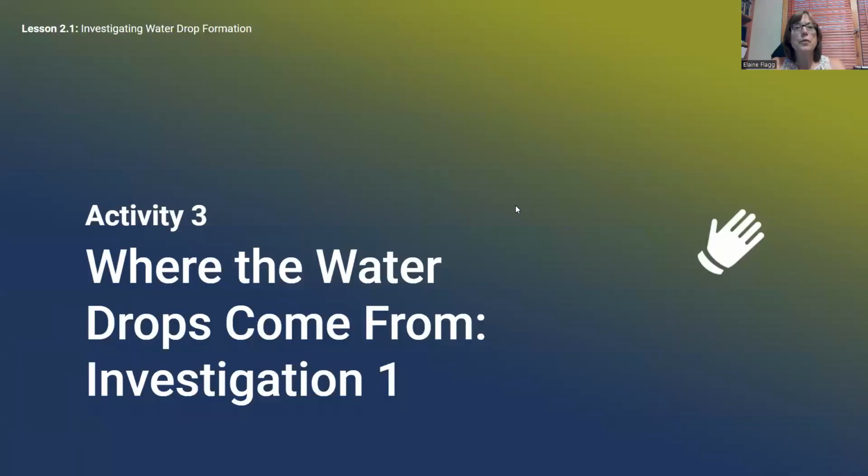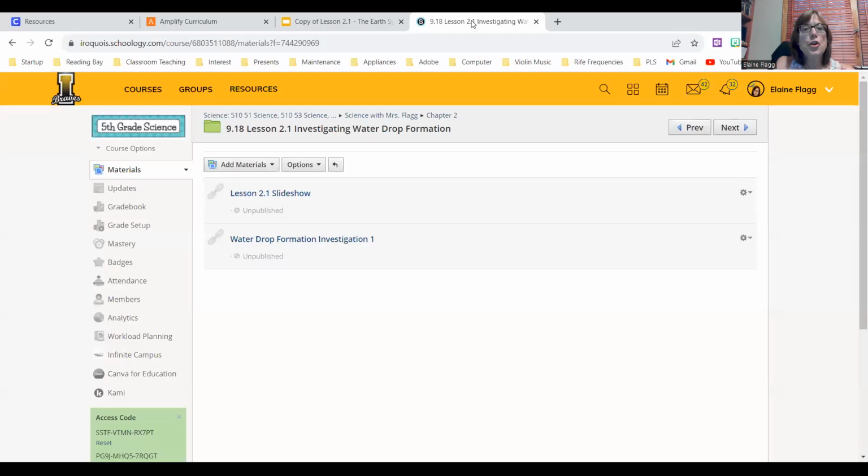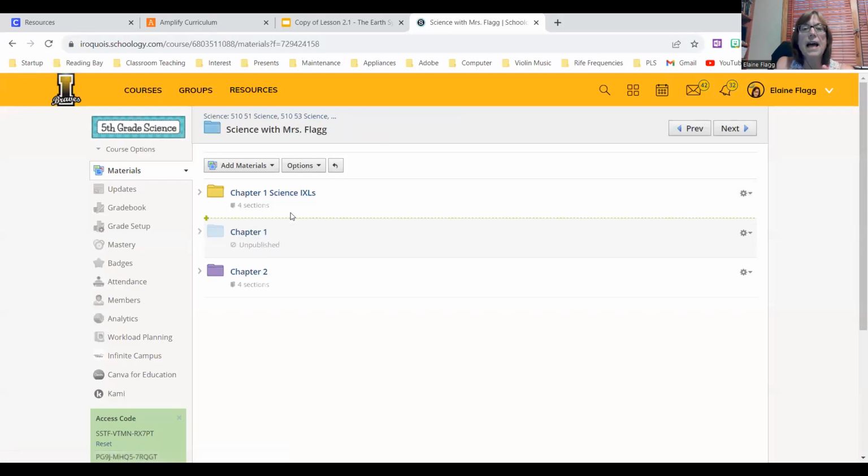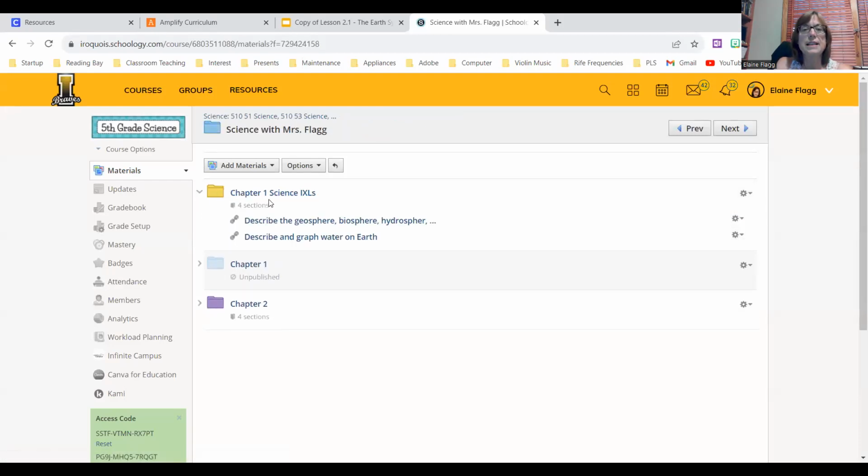Now, I'd like to show you where I have the Science IXLs for our lessons here. So if you look into Science with Mrs. Flagg, you will see that we have a couple IXLs you can work on. Describe the geosphere, biosphere, hydrosphere, and then describe and graph water on Earth.